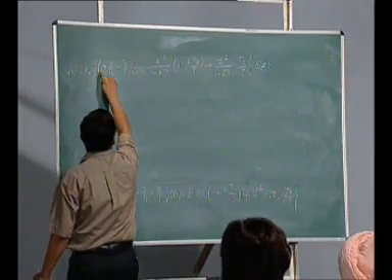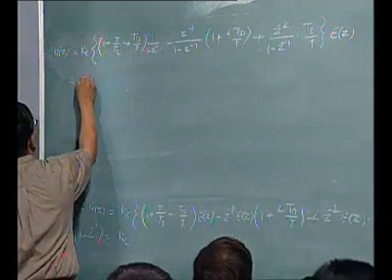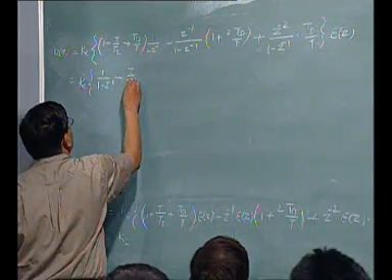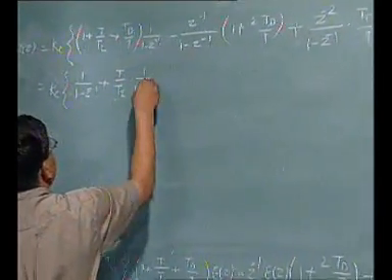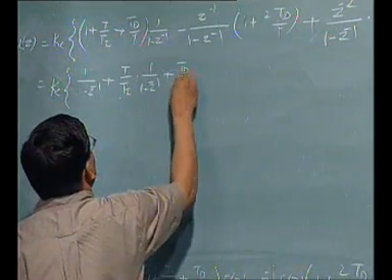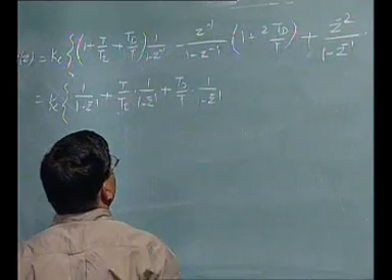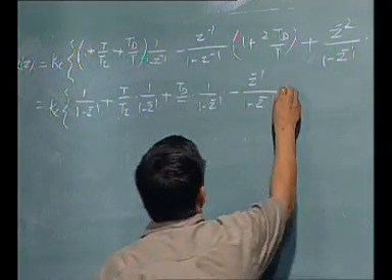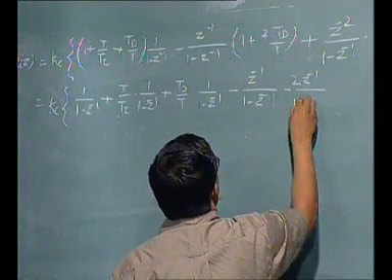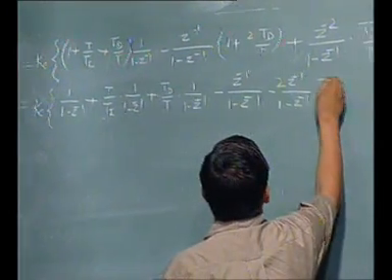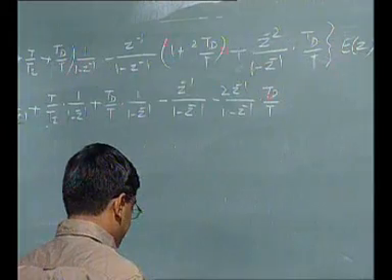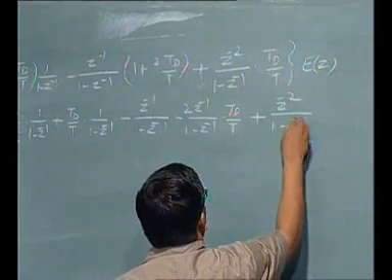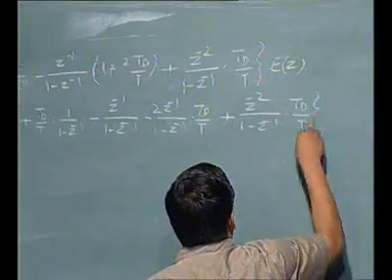Now multiply this term to all. It will be Kc times [1 upon 1 minus Z inverse plus T upon Ti 1 upon 1 minus Z inverse plus Td upon T 1 upon 1 minus Z inverse, minus Z inverse upon 1 minus Z inverse, minus 2 Z inverse upon 1 minus Z inverse into Td over T, plus Z to the power minus 2 upon 1 minus Z inverse Td over T] Ez.